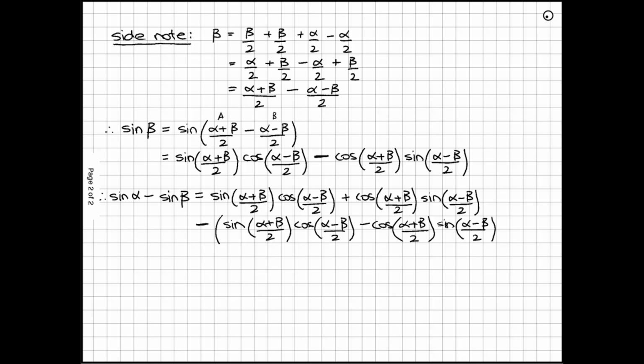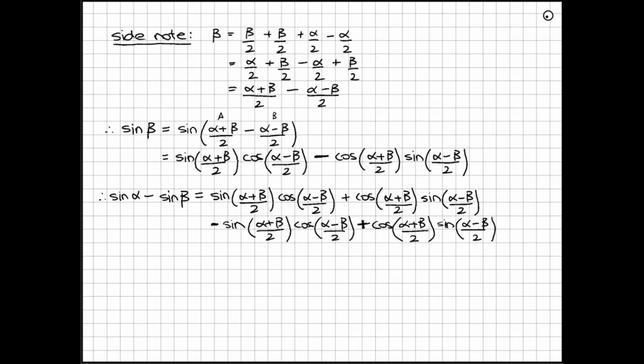Now, if we think about multiplying this negative through these brackets, we'll end up with a minus sine alpha plus beta on 2 cosine alpha minus beta on 2. And then the minus cosine would become plus. So if I just remove these brackets here, we just end up with the minus sine alpha plus beta on 2 cosine alpha minus beta on 2, and then plus. This minus becomes a plus.